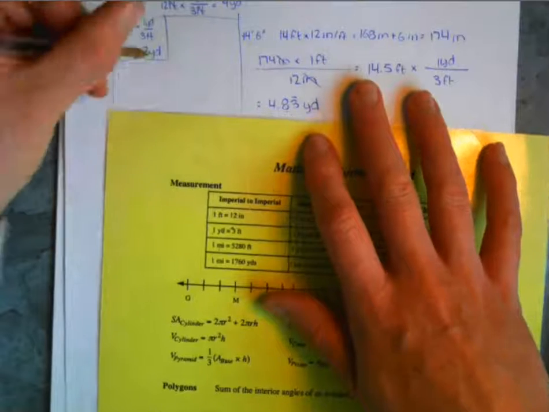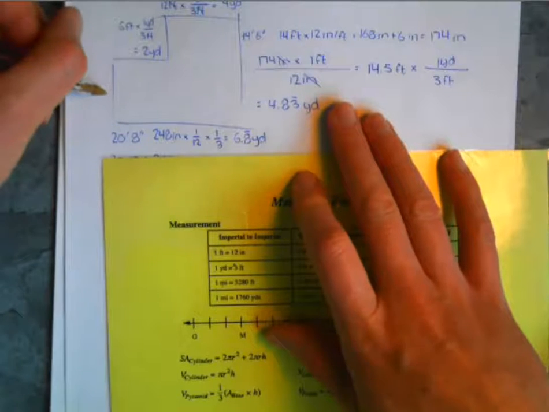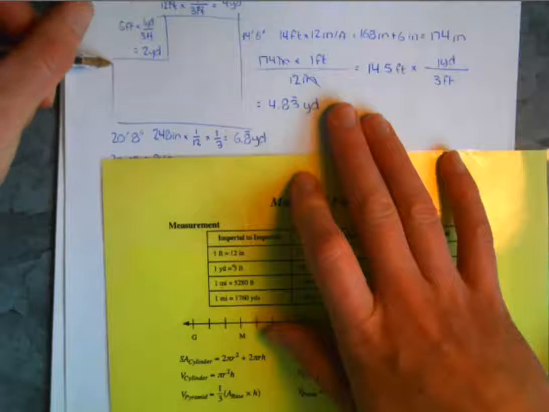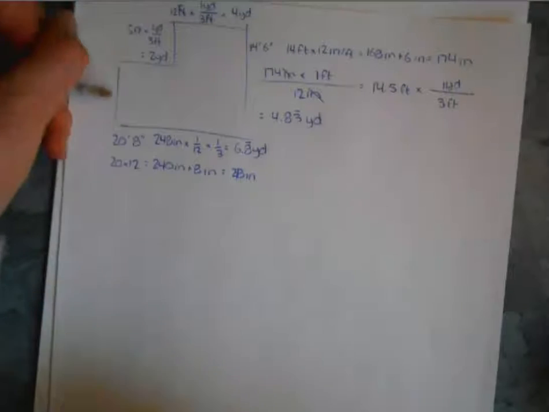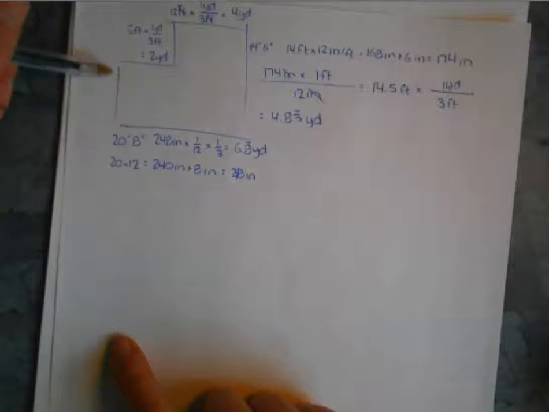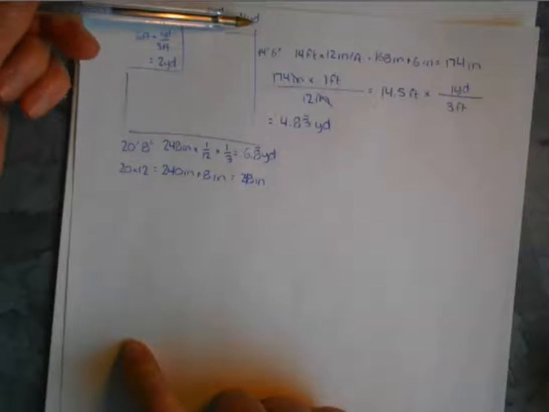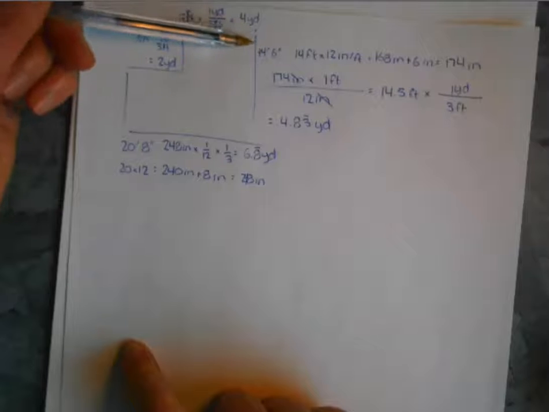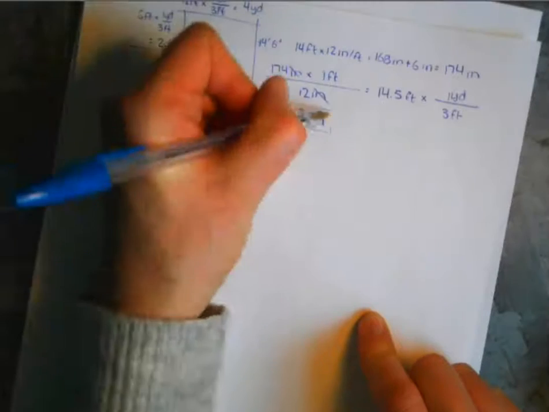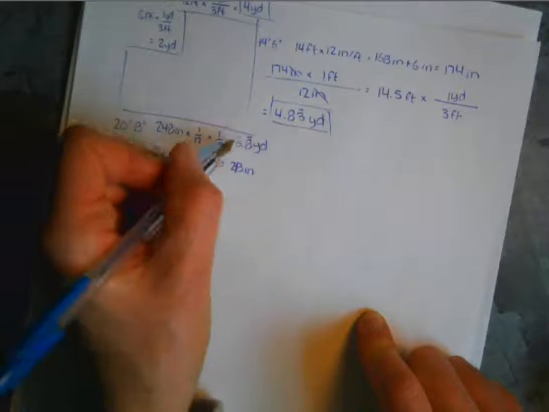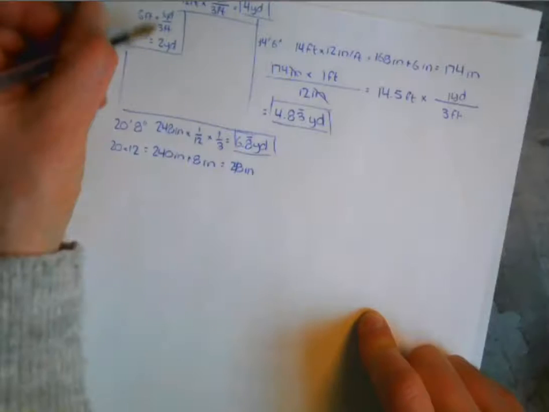And then this last one here is going to be a value that we actually don't know. Because they don't give us this measurement, we need to solve for this value. How can we do that? Well, we can look at what we have originally. I'll maybe just box these in so we know which measurements we're using, so that we don't have to do more conversions than we need to.